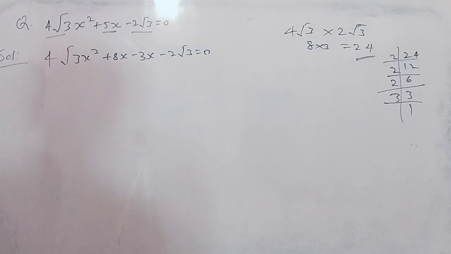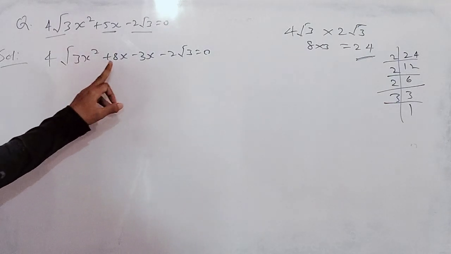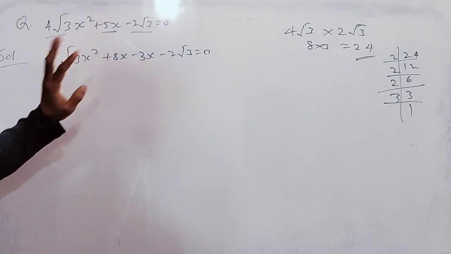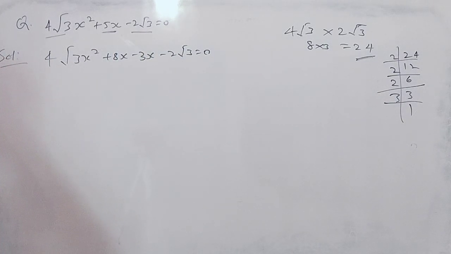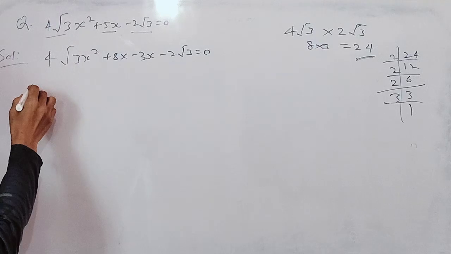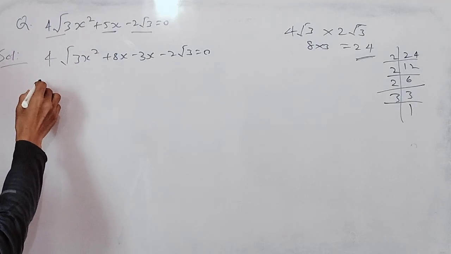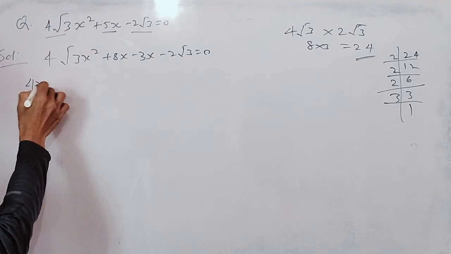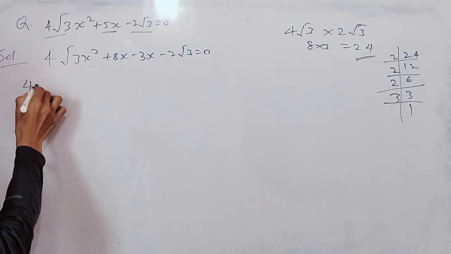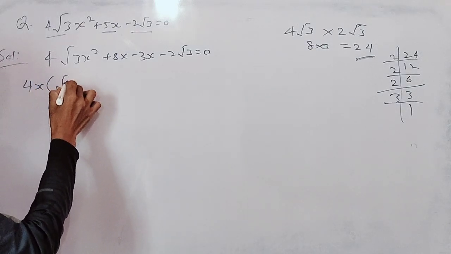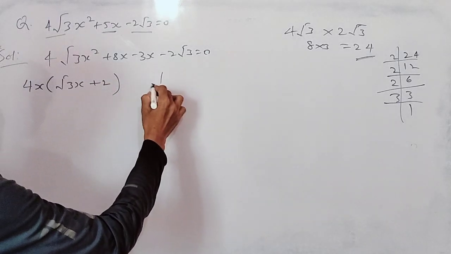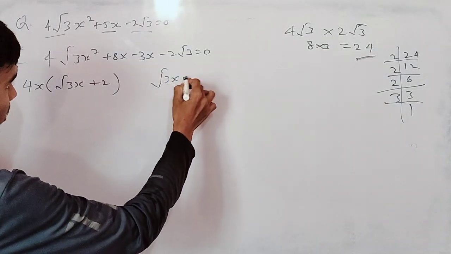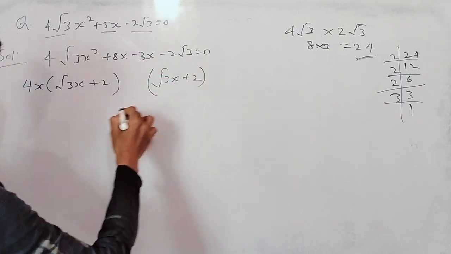We can confidently say that this is correct because this is giving us plus 5x. That's why. Now we can take common 4x. Root 3x plus 2.